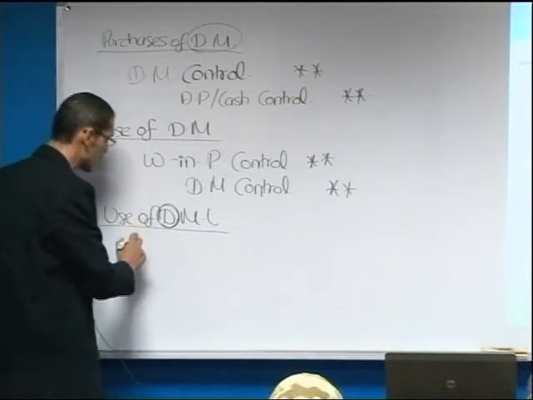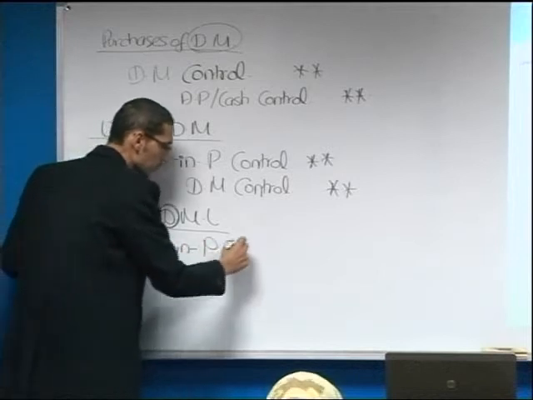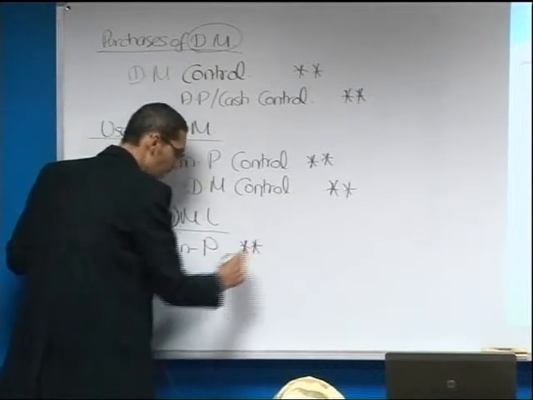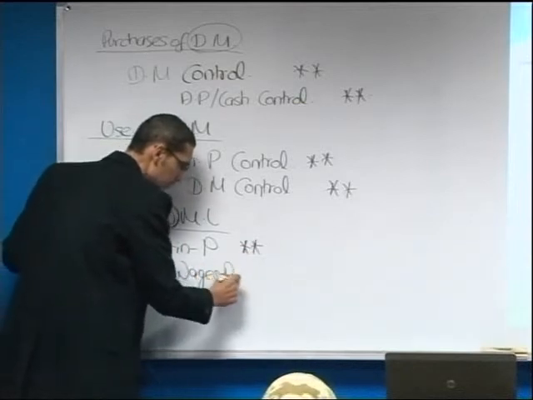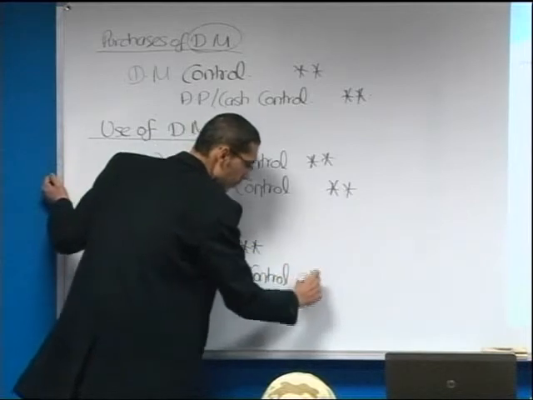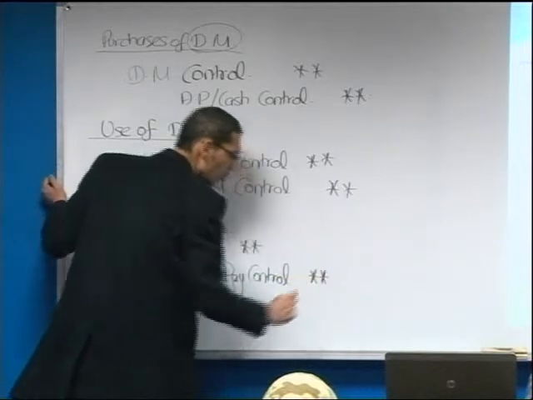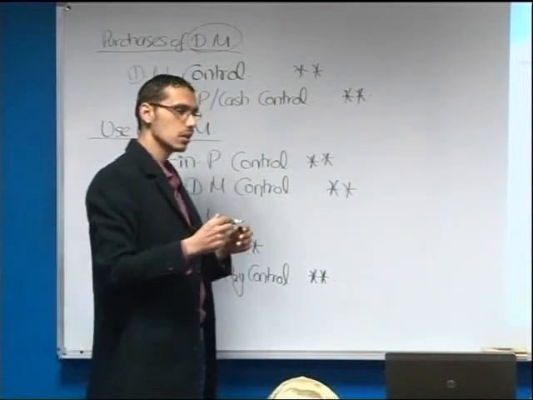Therefore, the work in process would be debited and wages payable would be credited, or the cash control would be.